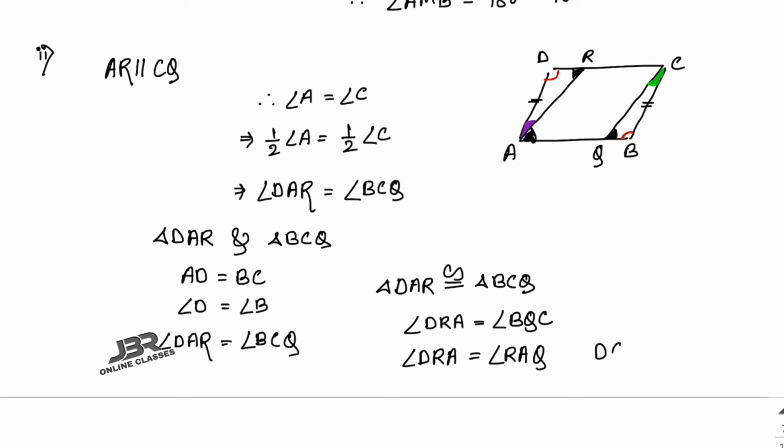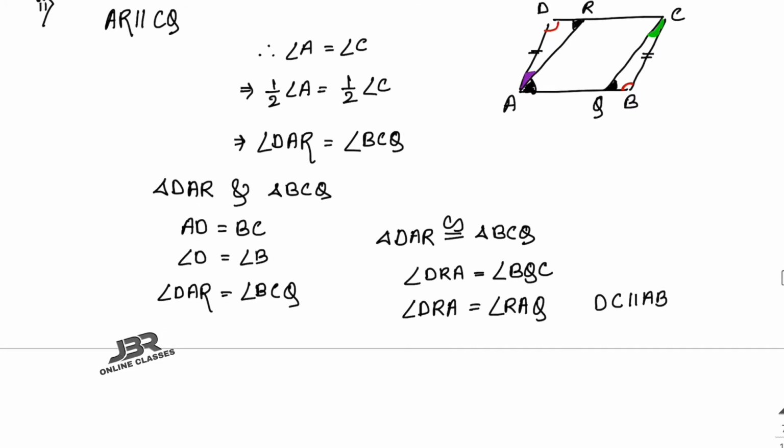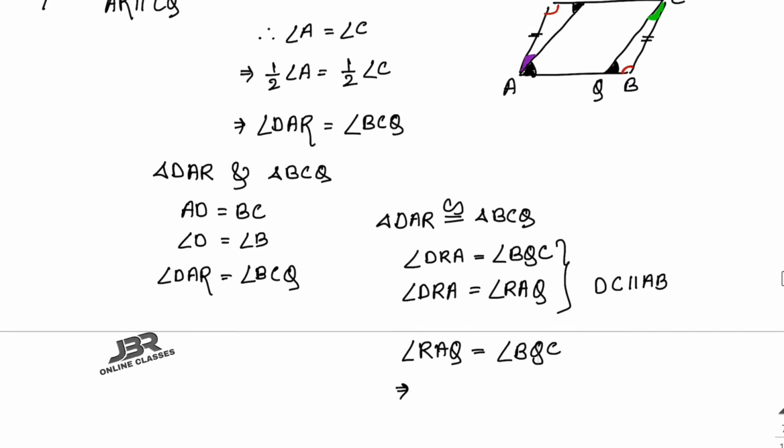Because DC is parallel to AB and RA is the transversal, so they are alternate angles. Again, RAQ is equal to BQC from these two. So these two angles are corresponding angles. And if these two angles are corresponding angles, then RA is parallel to CQ, and it's proved.